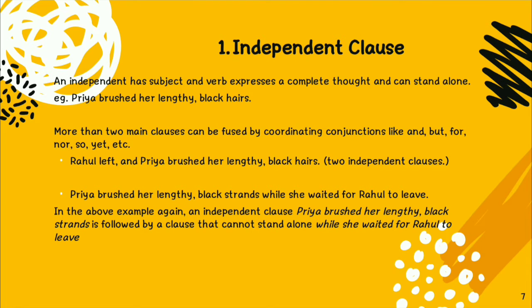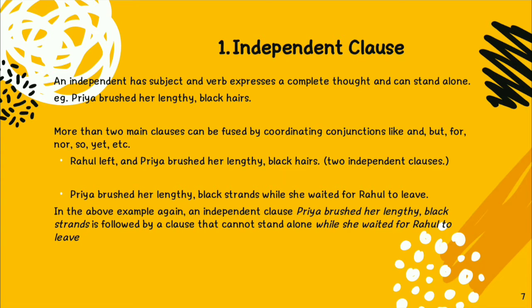First, independent clause. An independent clause has a subject and verb, expresses a complete thought, and can stand alone. For example, Priya brushed her lengthy black hair. More than two main clauses can be fused by coordinating conjunctions like and, but, for, nor, so, yet, etc. Another example, Rahul laughed and Priya brushed her lengthy black hair.